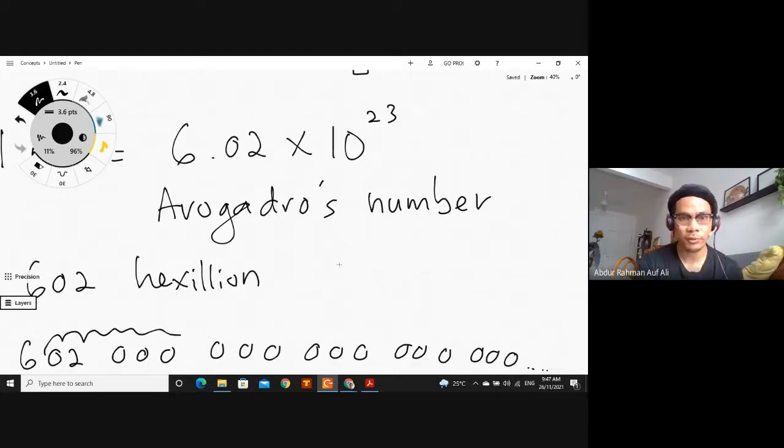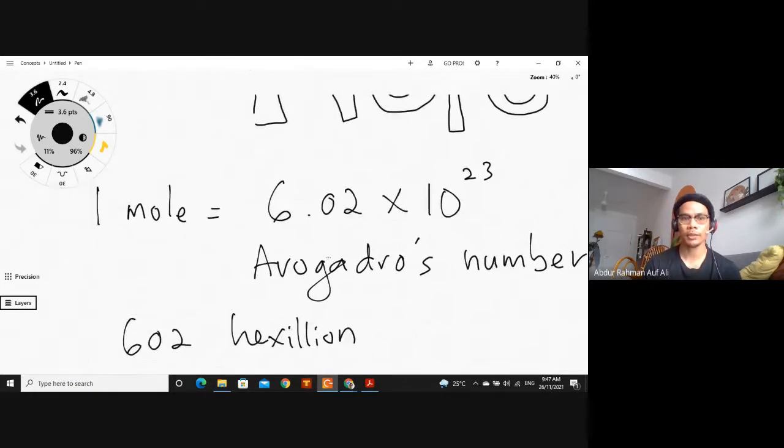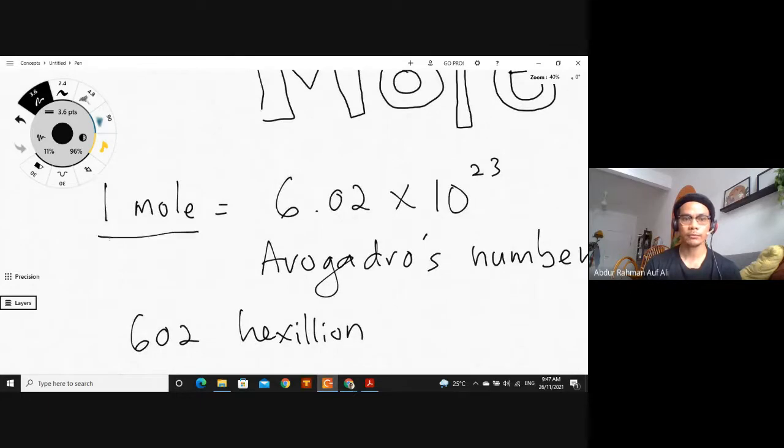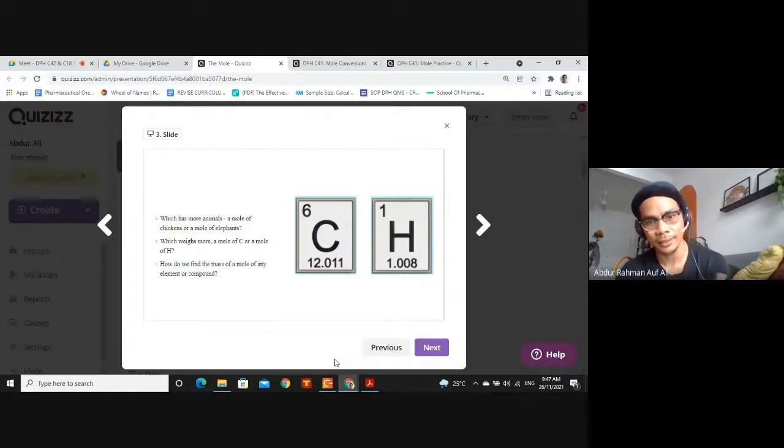That's why instead of using 602 hexillion ataupun 6.02 darab 10 kuasa 23 ni, we use the unit mole. That's why dalam this topic, kita nak ajar kamu, the students, to be efficient in understanding what is this unit is. Okay? So it could be confusing at first. That's why saya guna analogy ni, ayam dan gajah ni.